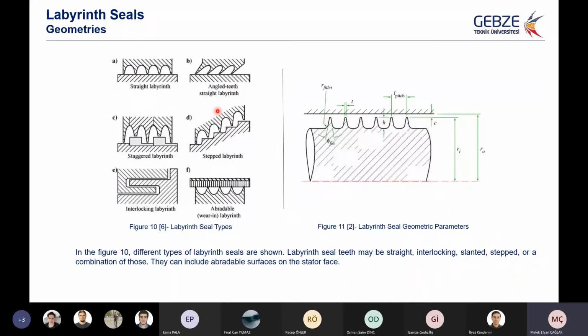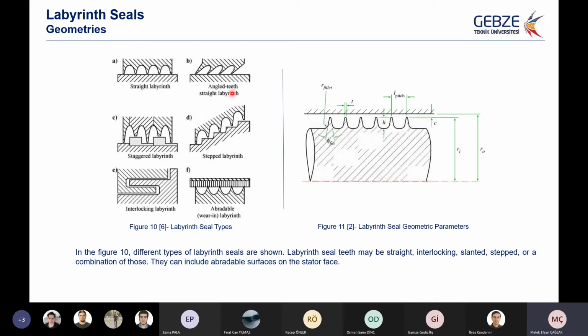About labyrinth seal geometries, as you can guess, there are different types, adapted for different conditions. For example, if it's angled, it can provide better sealing characteristics based on the direction of the flow.